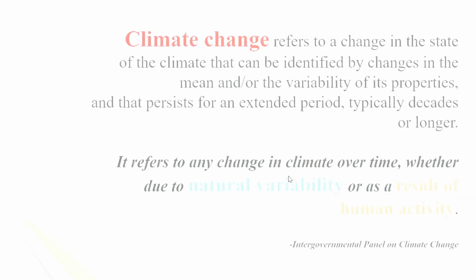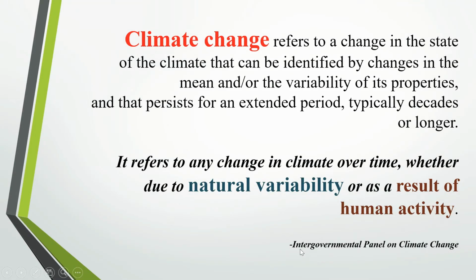Now, what is climate change? According to the Intergovernmental Panel on Climate Change, it refers to a change in the state of the climate. So these are the temperature, wind, precipitation, atmospheric pressure, the ones mentioned in the previous slide, that can be identified by changes in the mean or the variability of its properties, and that persists for an extended period, typically decades or longer.